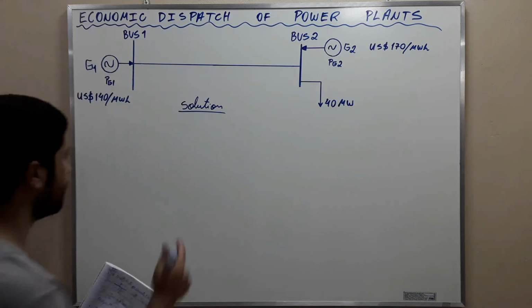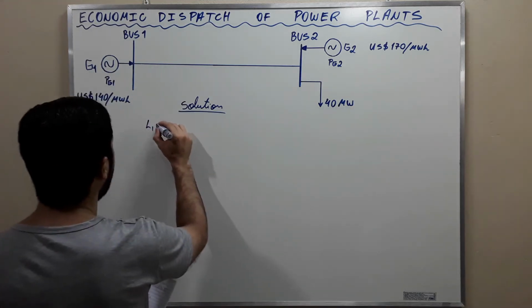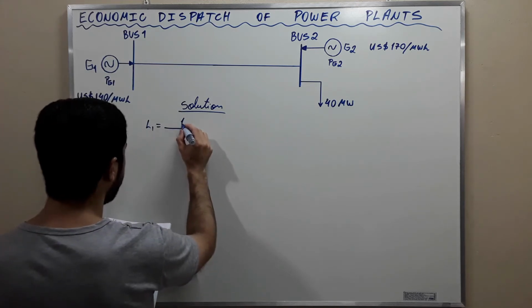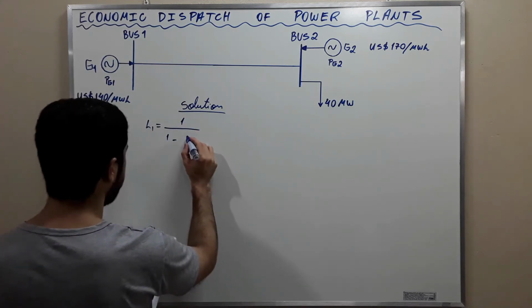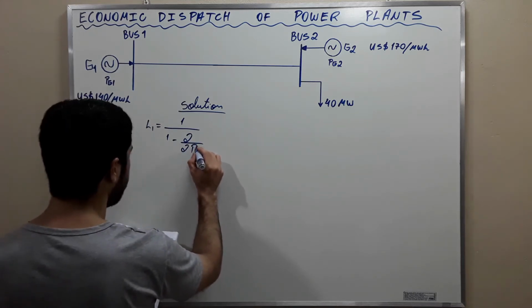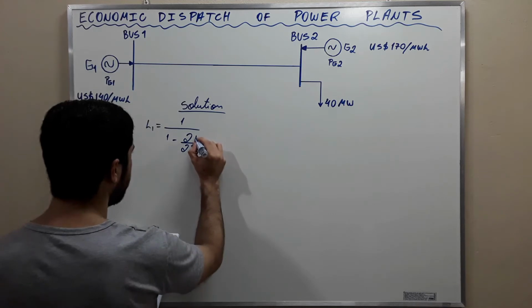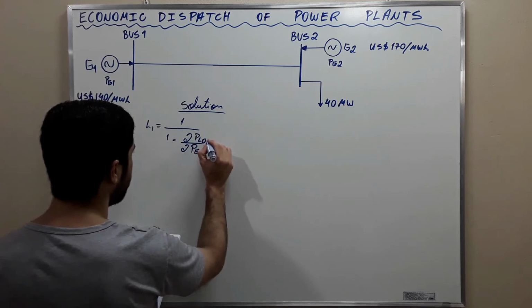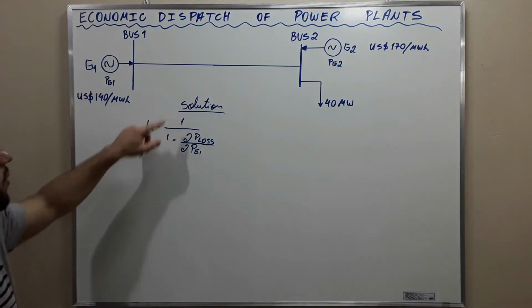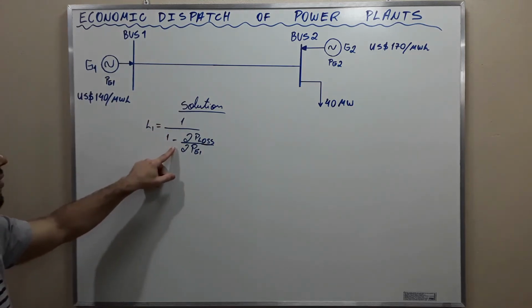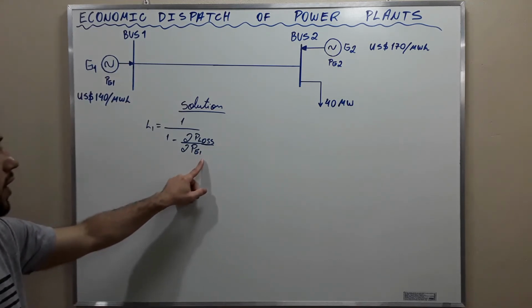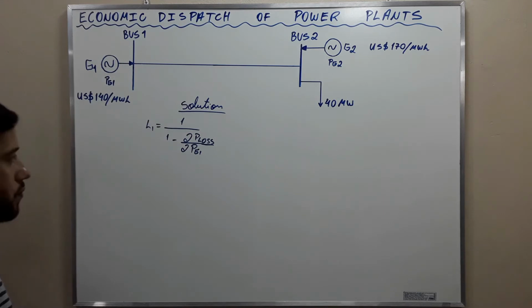The penalty factor of generator 1 is going to be 1 divided by 1 minus the partial derivative of the losses divided by PG1.